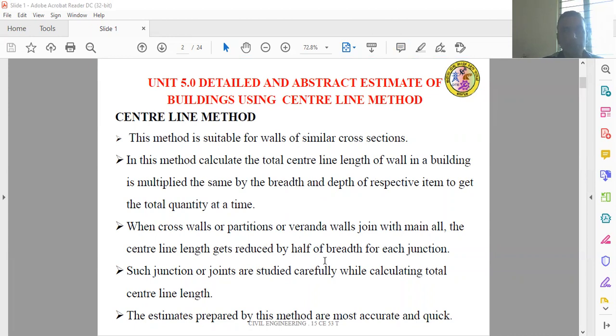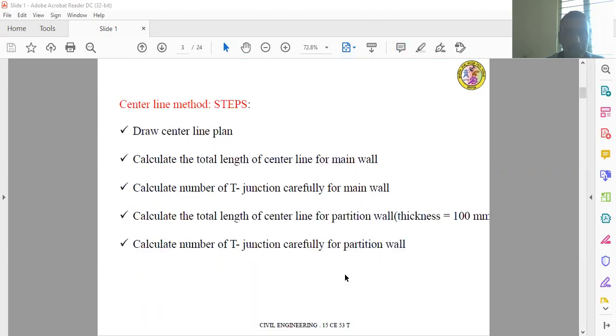That means once two walls meet at a point, the center to center length will be reduced by half of the breadth of each section. Such junctions or joints must be carefully studied to calculate the total center to center length of the wall. As already told, the estimate prepared is accurate and it is a quick method.